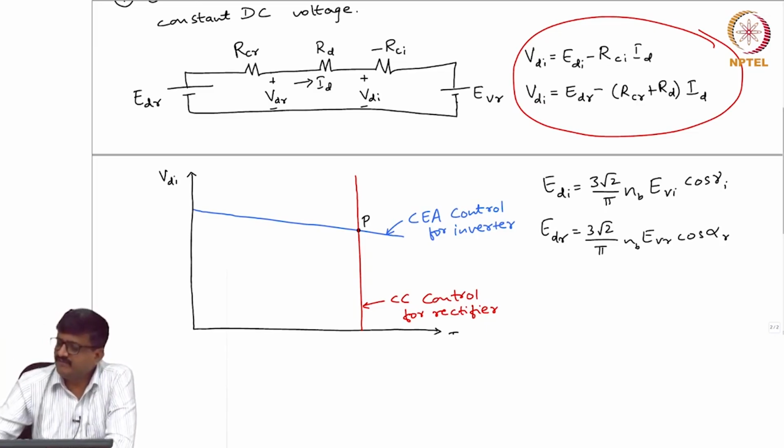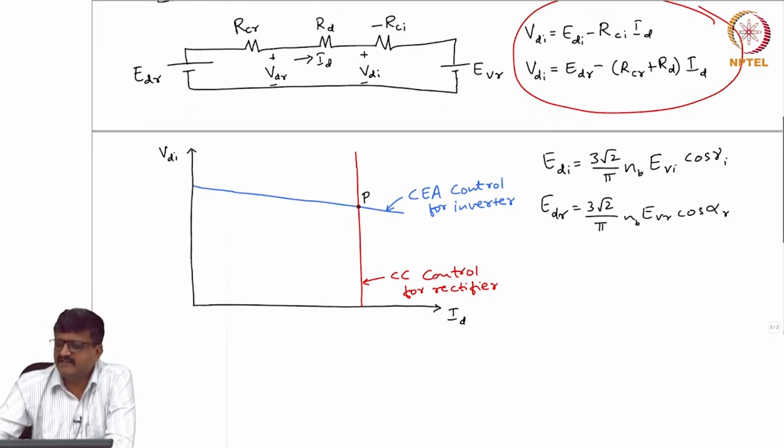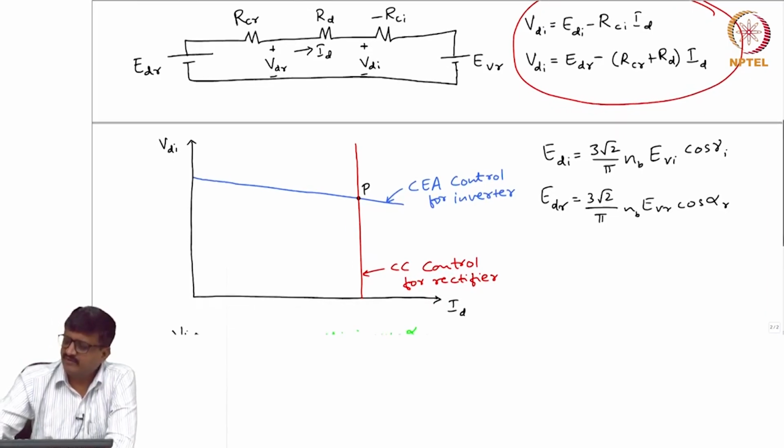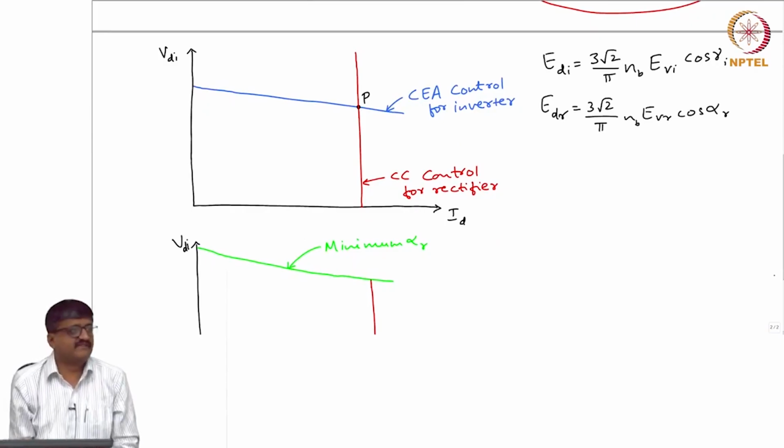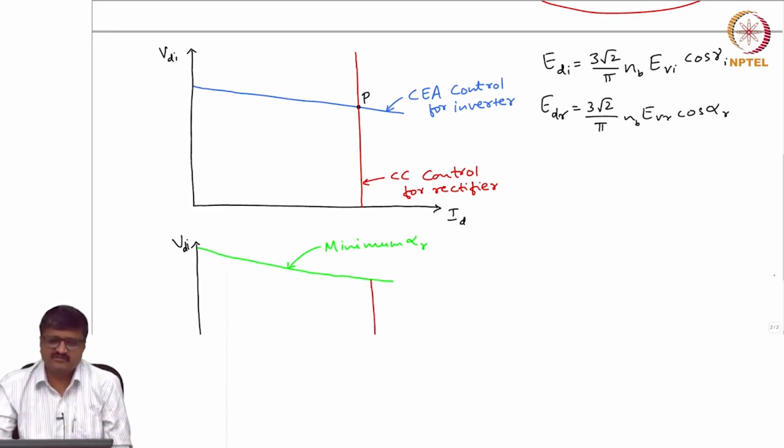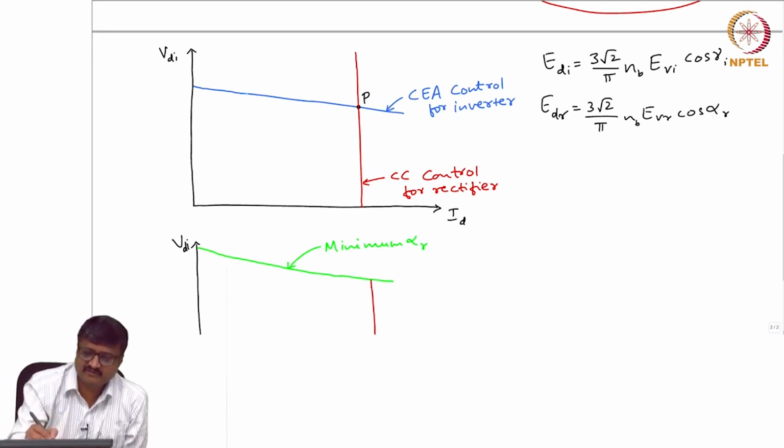But what will be the slope? The slope is RCR plus RD. So, is the slope greater than the CA characteristic slope or less than that? See, the previous CA characteristic, what was the slope? Okay, let me go back to this curve. What is the slope of this?